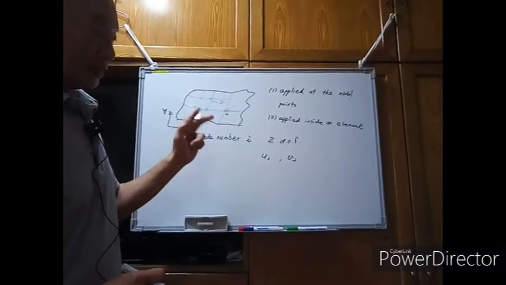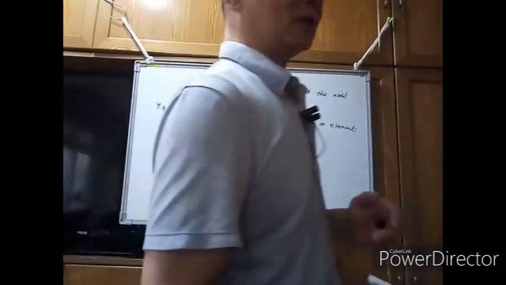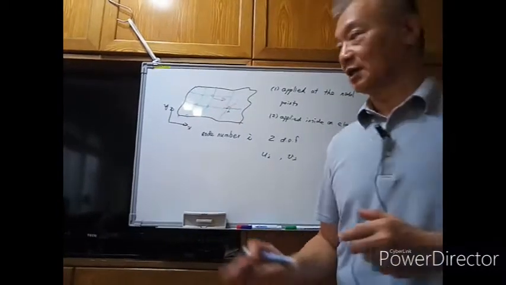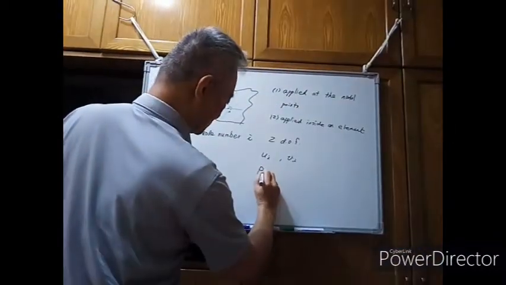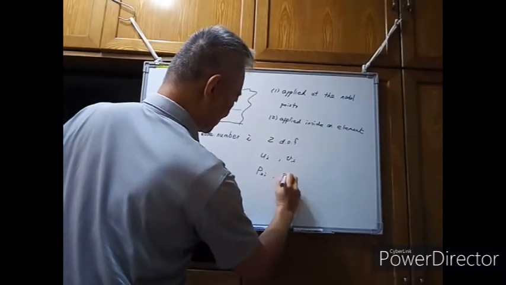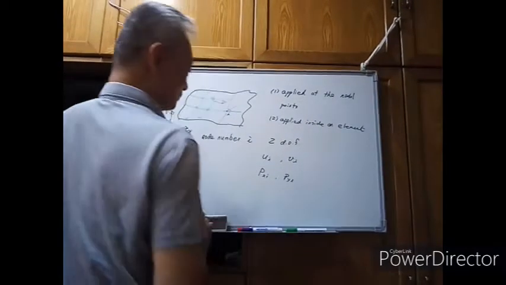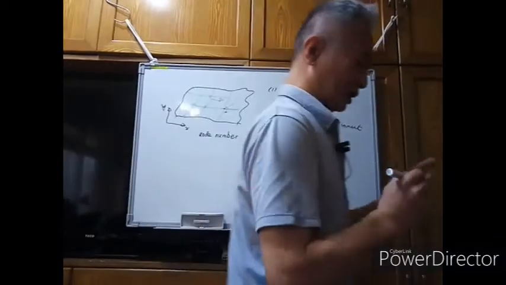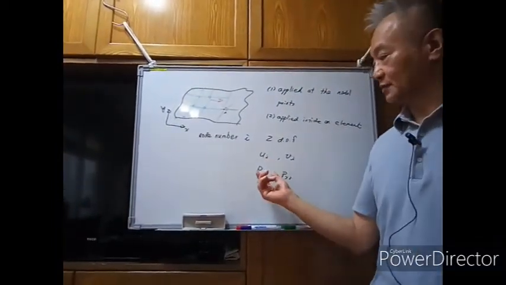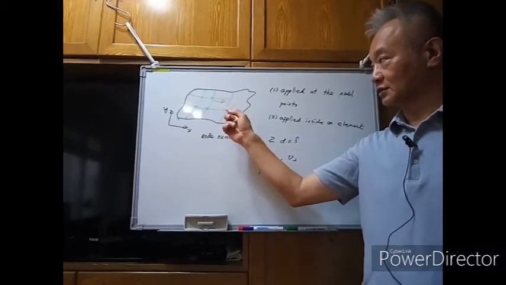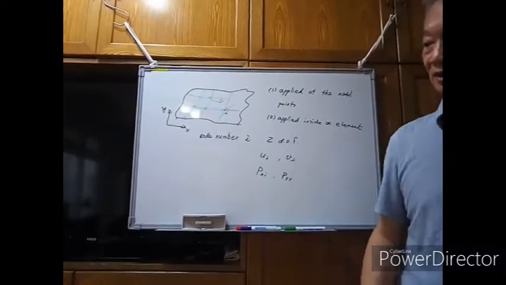And there are also 2 corresponding nodal loadings for these 2 degrees of freedom. Sometimes we use PXI and PYI. Okay, so the PXI and the PYI are the loading components if we have a concentrated load applied at this point.